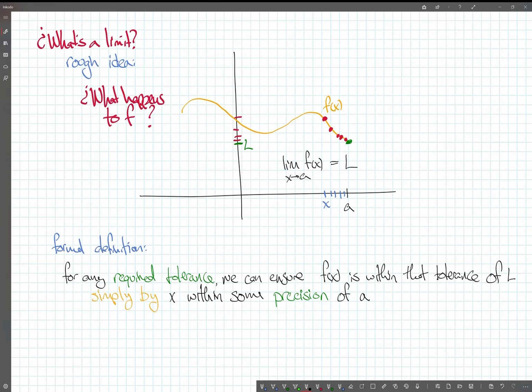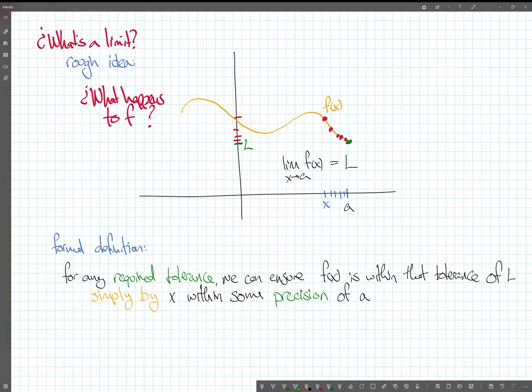The idea is this. You tell me how close I need to be to L. That is, you tell me the tolerance that you require of me. And the limit of f as x goes to a equals L means that no matter which tolerance you give me, no matter how small, it might have to be within 1%, within 0.01%, within a micron, whatever it is, then I can arrange that, as long as I'm able to make x very, very close to a.